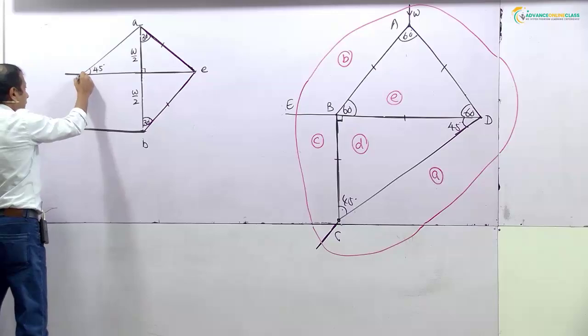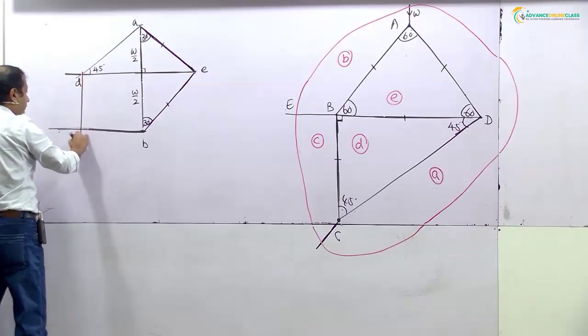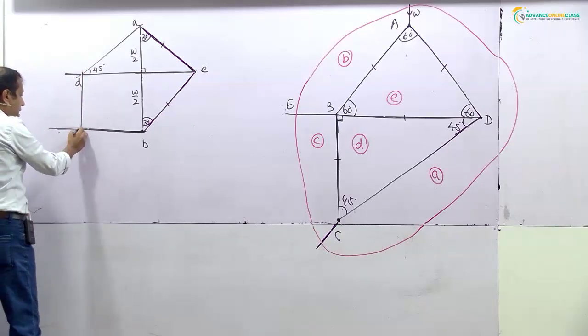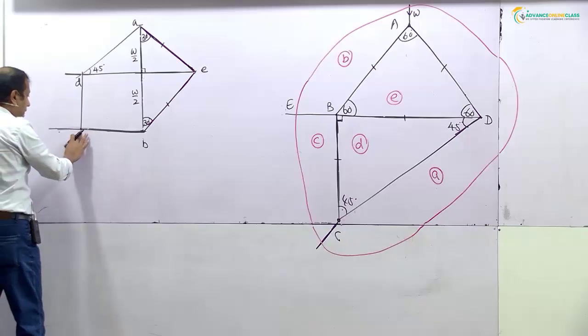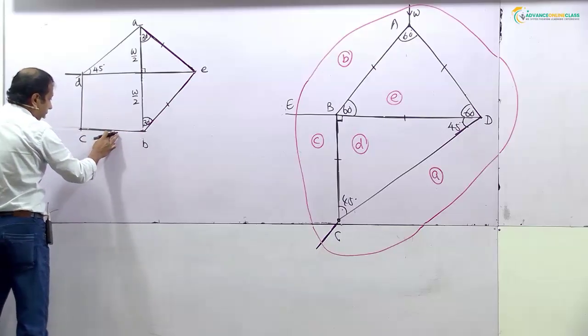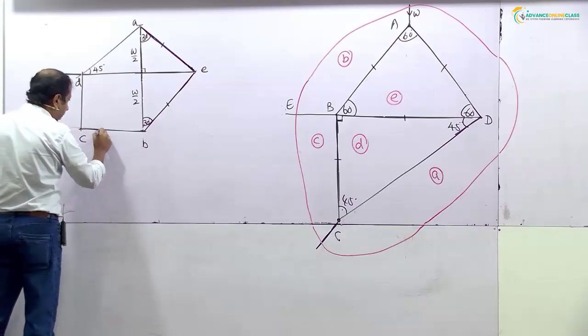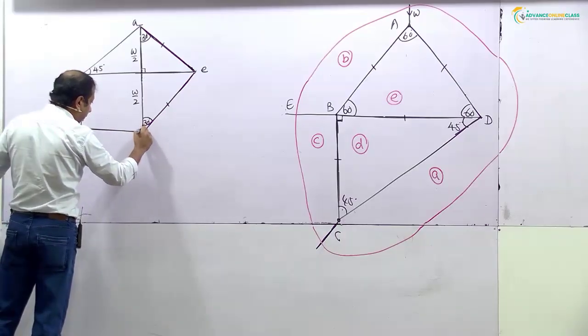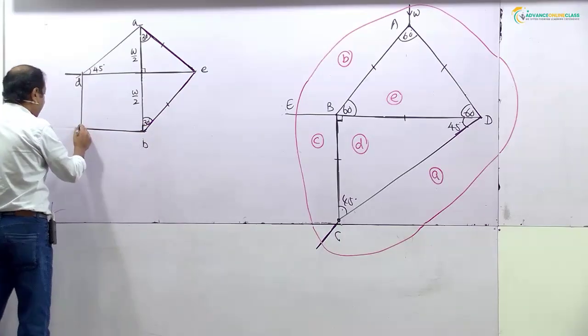D is here. From the point D, we draw a vertical line like this. They meet at a certain point. That point should be our point C. Here 90.